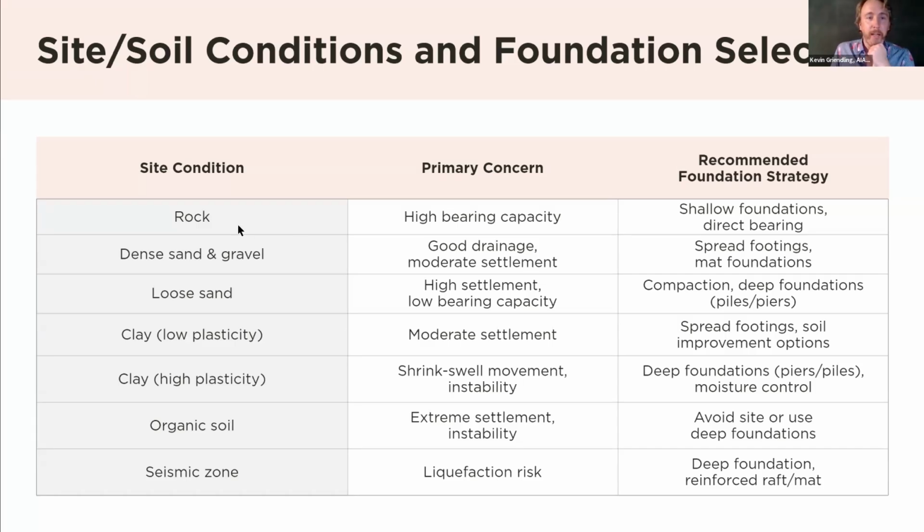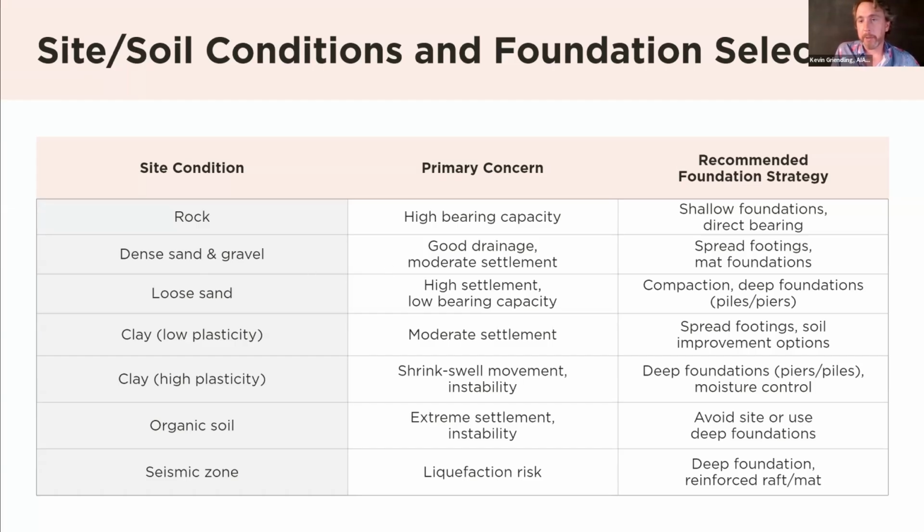So essentially, looking at a rock foundation, if it's over bedrock, it has obviously the highest bearing capacity. And if you can pour a foundation directly up to it, you can do shallow foundations, direct bearing on rock. That's fairly uncommon though. Dense sand and gravel, you're going to get good drainage, so you don't have to worry too much about liquefaction or expansion, and it's going to have some settlement.